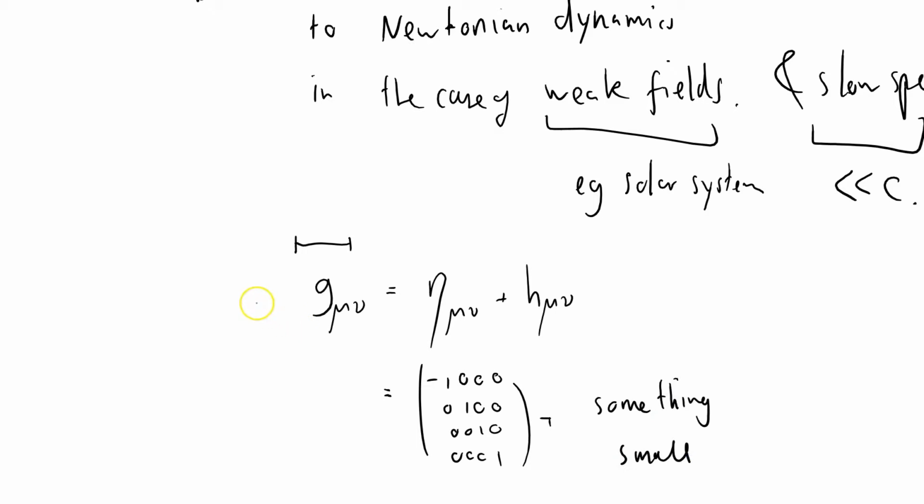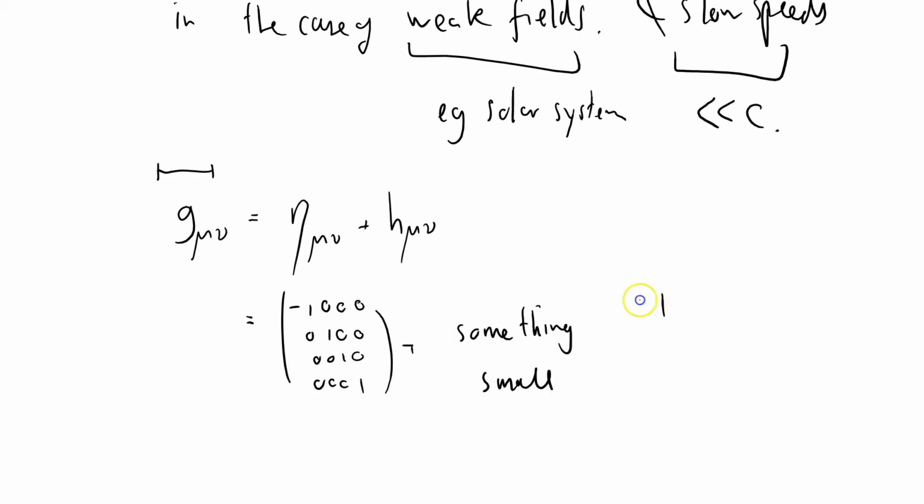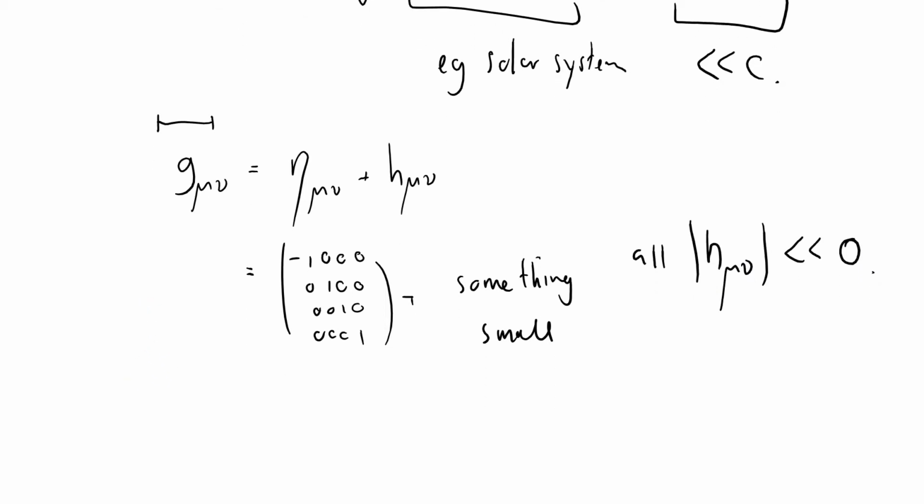So what I'm asserting is that all elements h mu nu, the modulus of these, are much, much less than 1. Okay, so that's what I mean by weak fields, and we'll introduce this slow movement approximation where we need it.